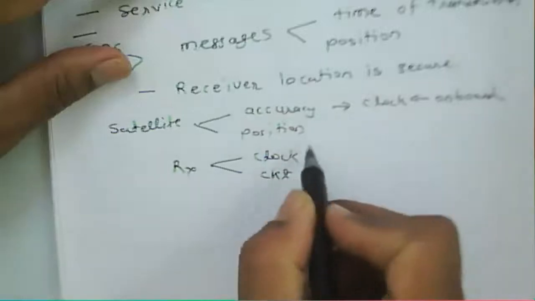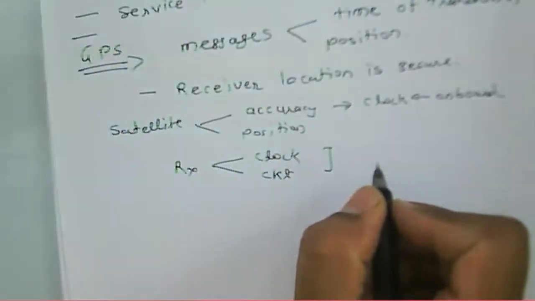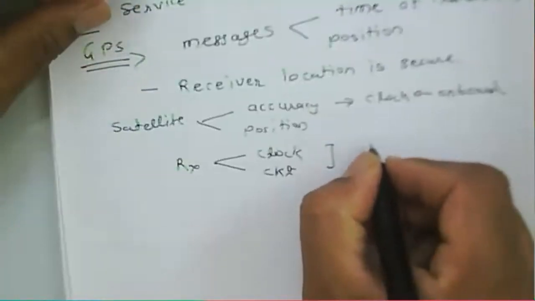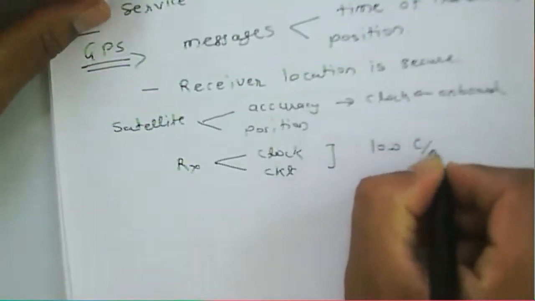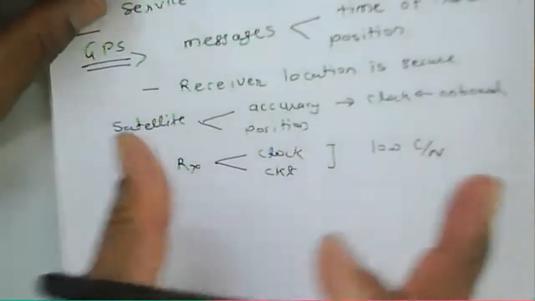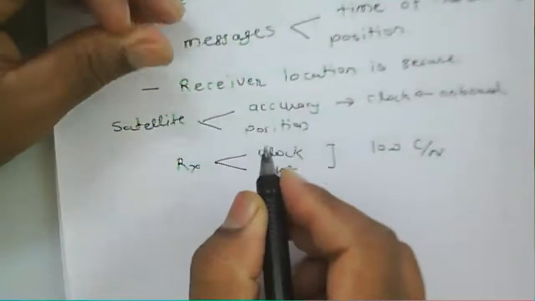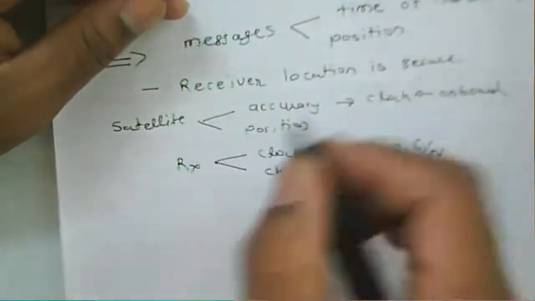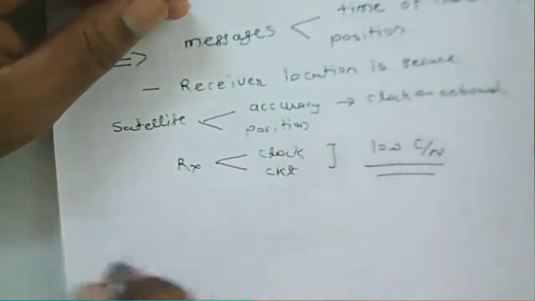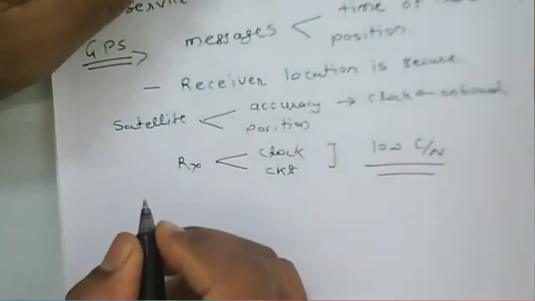If you consider a receiver, that receiver should work with a low carrier to noise ratio, because a GPS system uses spread spectrum modulation. That's why we can say they can support this low carrier to noise ratio.